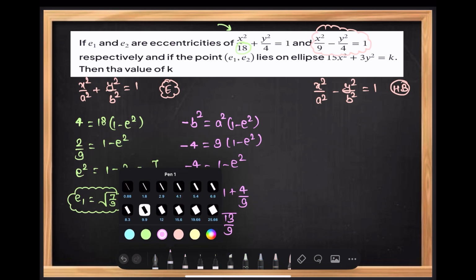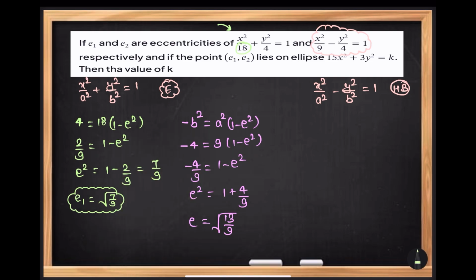Now look at this. Now let's proceed with the question. Respectively, if the point E1, E2 lies on the ellipse, so if this point lies on the given ellipse 15x square plus 3y square, it will satisfy that ellipse.